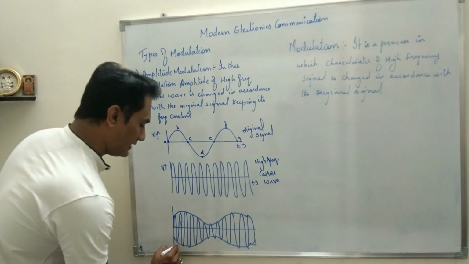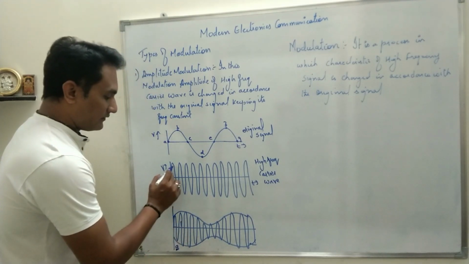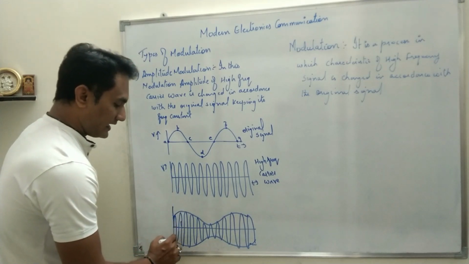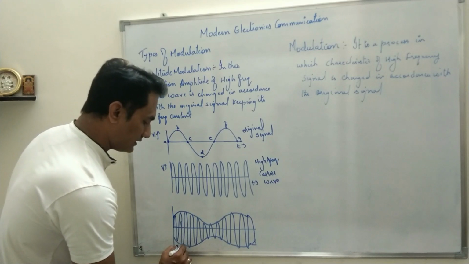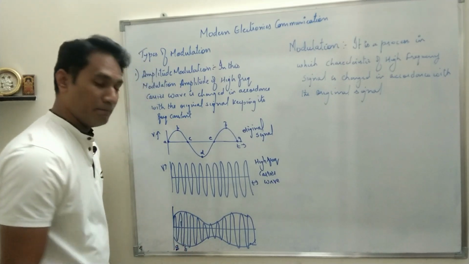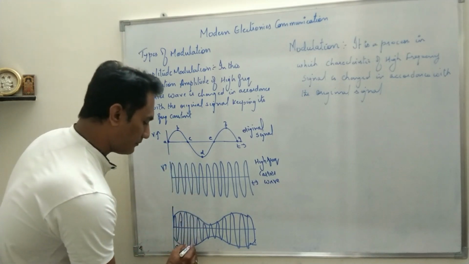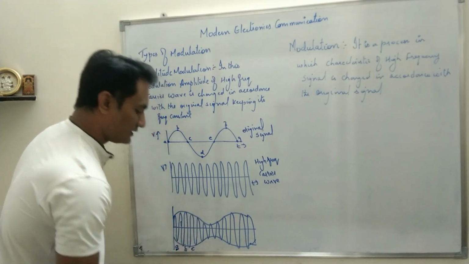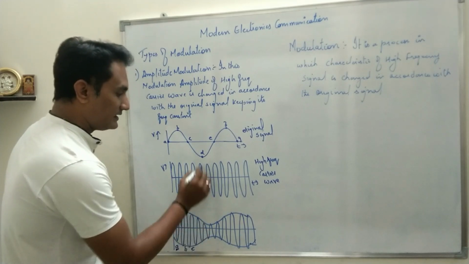So this is the point A, where the amplitude of the high frequency carrier wave remains as it is. This is the point at which the amplitude increases. This point is B, positive peak. Again the amplitude is constant. This is point C. Then the amplitude starts decreasing.